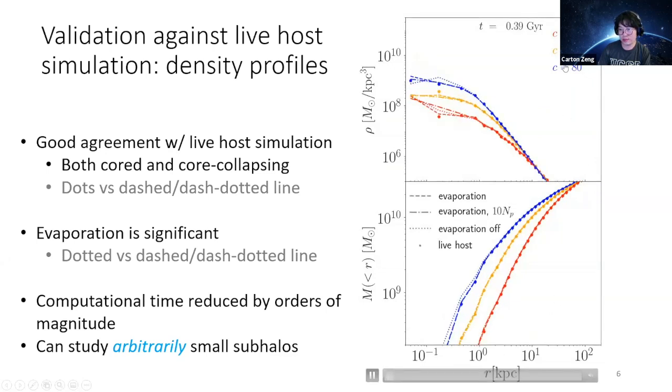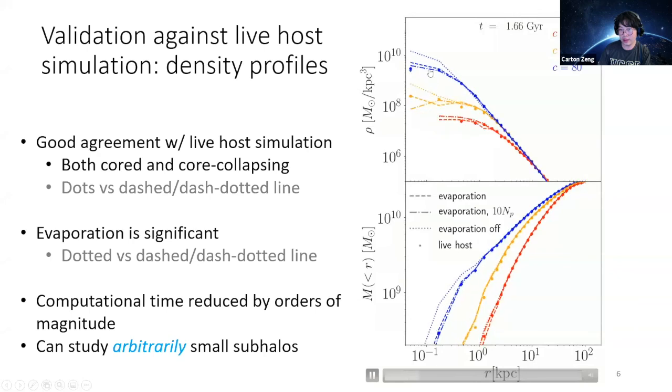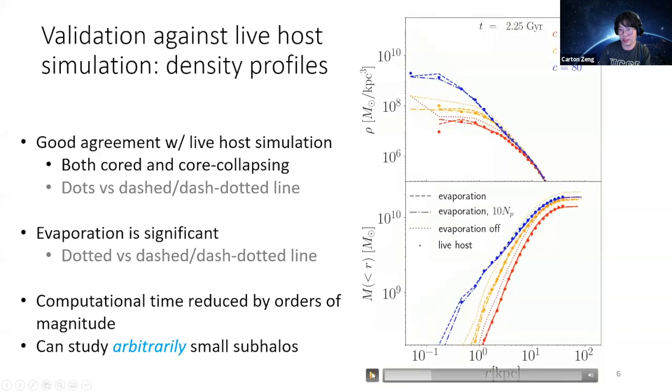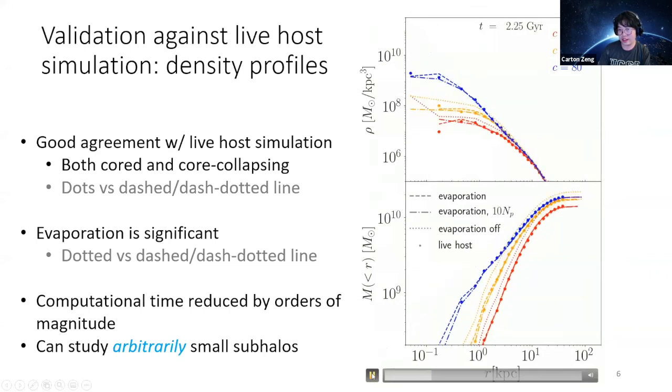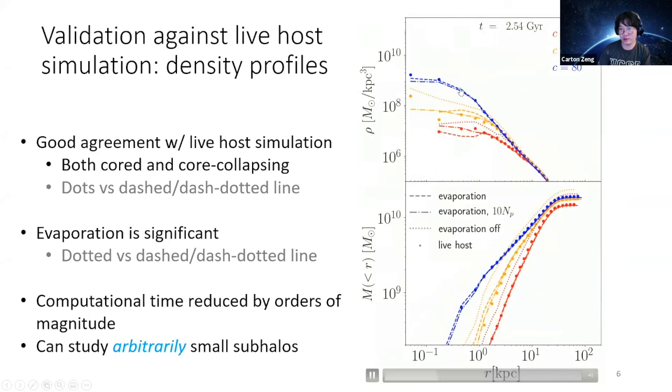As a spoiler, the blue for C equals 8 will have core collapse happening at about 2 gigayears. So we already see the difference of including evaporation or not. Right before, okay, this dotted halo is core-collapsing, so we have to terminate it here, so it's gone. But the other blue one still remains.